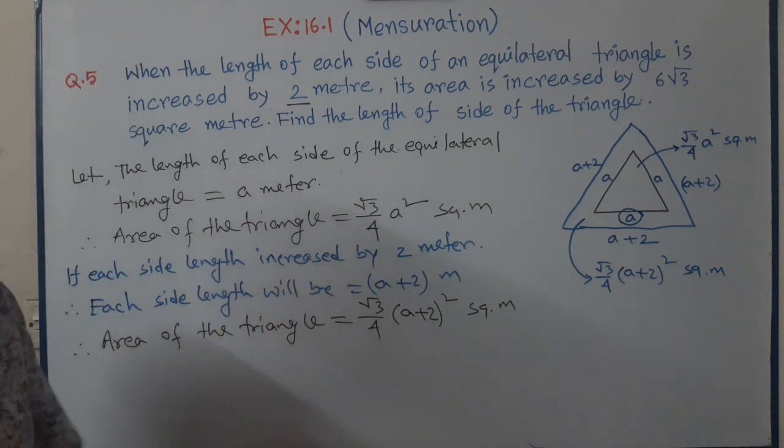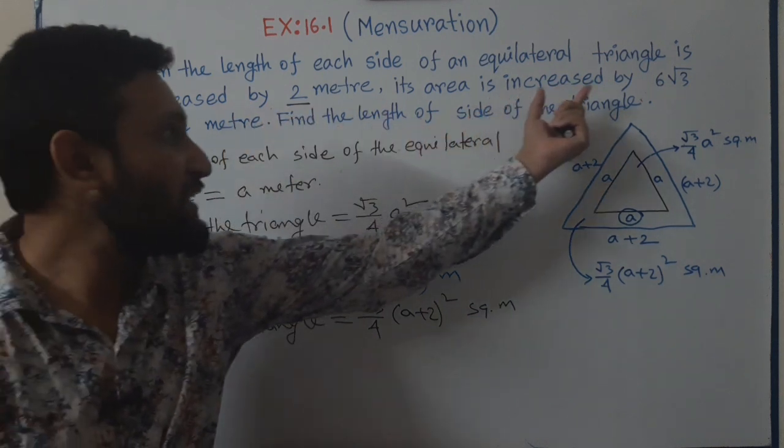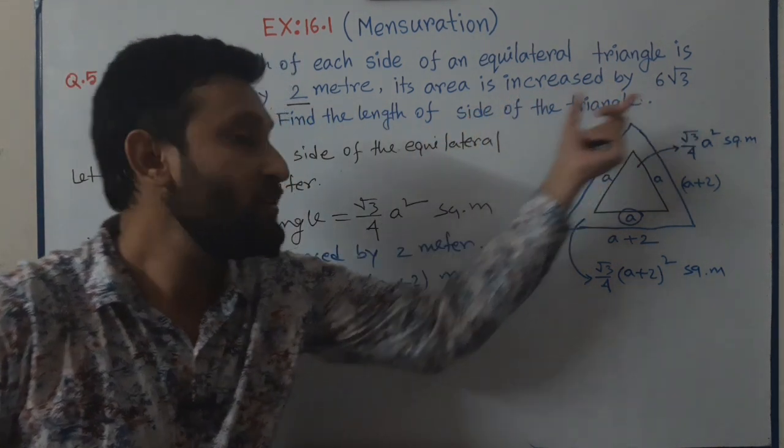But in this question, if the side length is increased by 2 meters, then the area increases by 6 root 3 square meters.